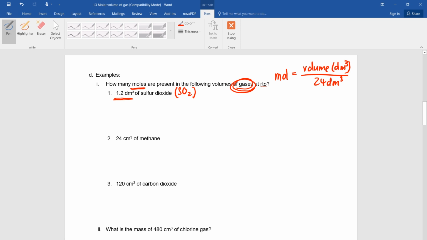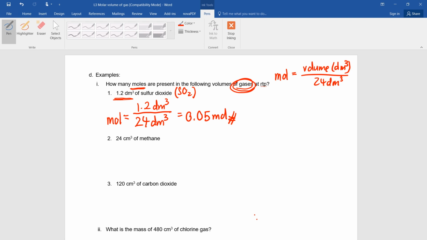I can apply the formula, which tells me that mole is equivalent to the actual volume, 1.2 dm cube, divided by 24 dm cube, which is the molar volume, and that will give me 0.05 mole. So this tells me that inside 1.2 dm cube of sulfur dioxide, I'll be expecting only 0.05 mole of sulfur dioxide.